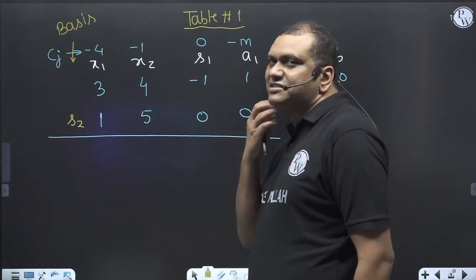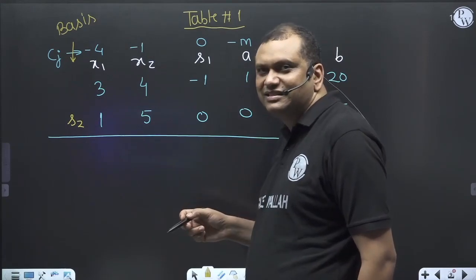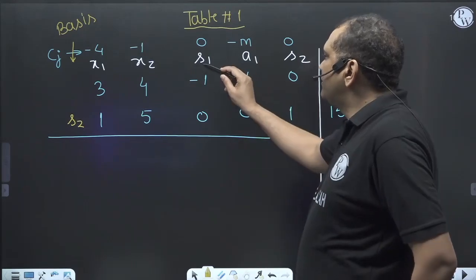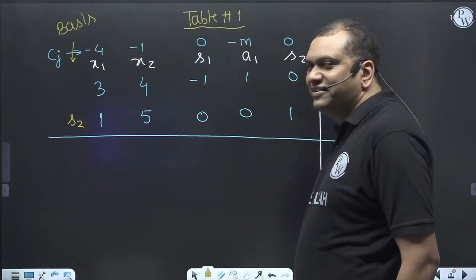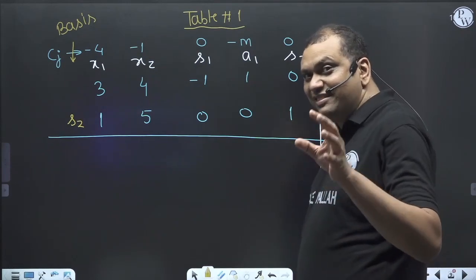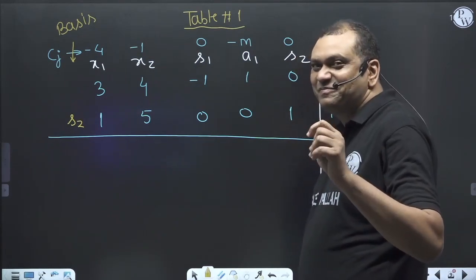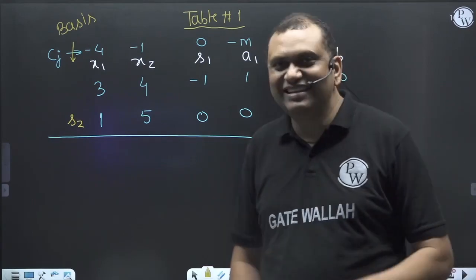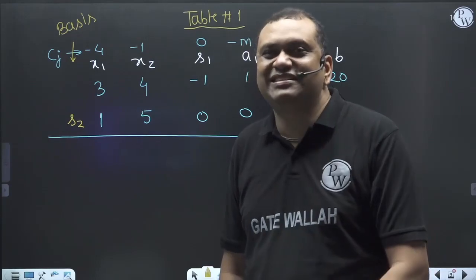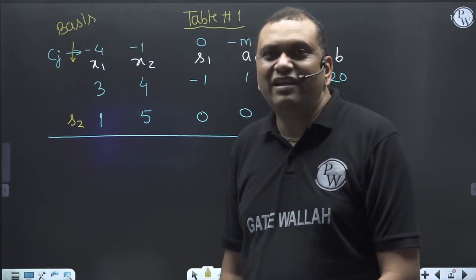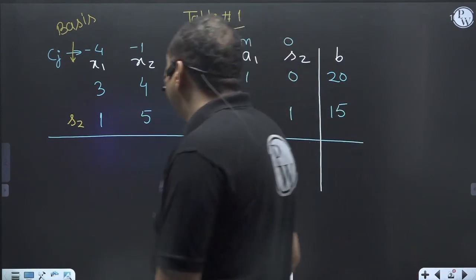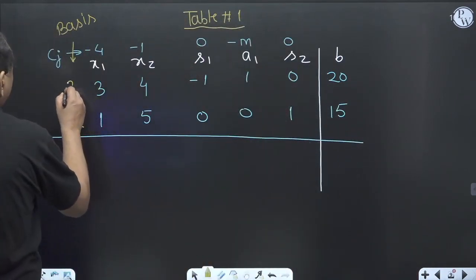Now in the first constraint, there is a surplus variable and there is an artificial variable. If an artificial variable is there in the constraint, that will first enter into the basis.